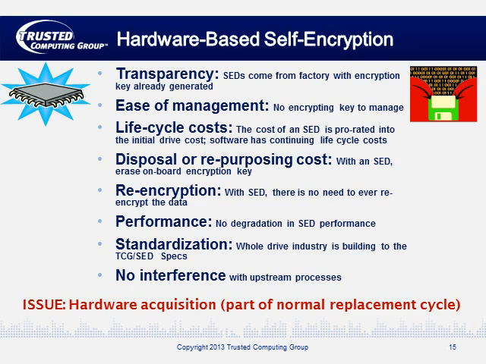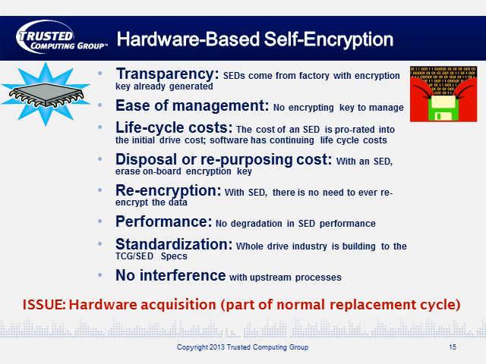There's no interference with upstream processes. To you, the drive looks like a normal drive. What's written to the drive goes in as plain text, comes out as plain text, because the encrypting function is right down in the drive electronics before the bits are placed on the medium. There is one issue related to self-encryption, and that is you've got to buy new hardware. But yet, this technology is very mature.